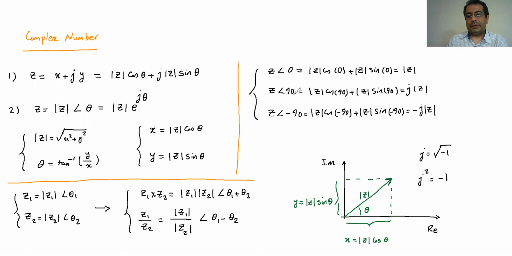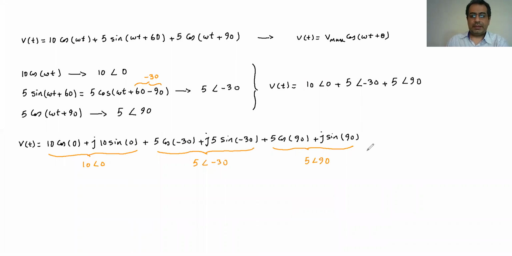The complex number with angle of 90 is going to be jz. You can either write the whole thing, or if you remember that, you can just simply put the final magnitude there.